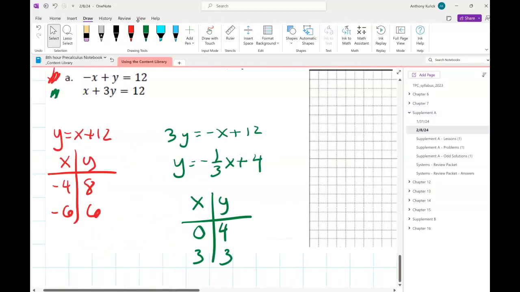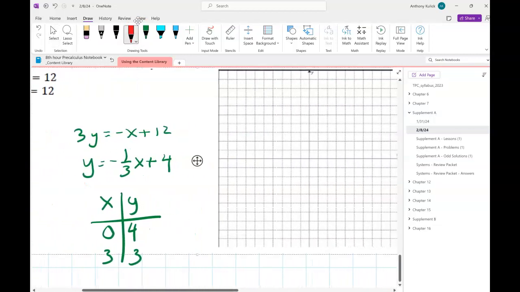All right, let's see. So we have -4, 8. So 1, 2, 3, 4, 1, 2, 3, 4, 5, 6, 7, 8. And then I had -6, 6. So 1, oh, I'm sorry, that's 0. 1, 2, 3, 4, 5, 6. 1, 2, 3, 4, 5, 6.